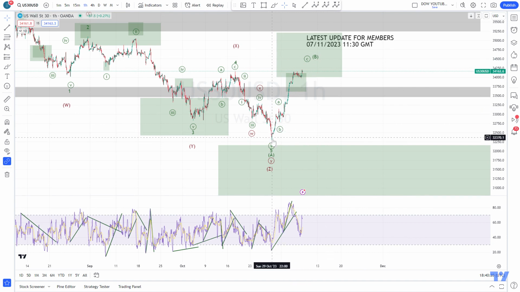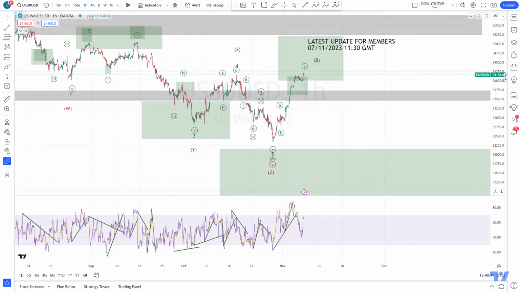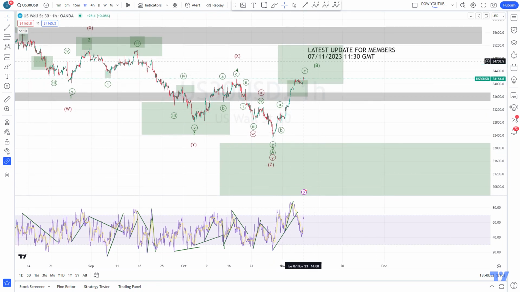And then I would label it as an A, B, C structure. And then this C structure should end quite soon. I would say we start to have divergence right here. So if this wave B is finished right here, then it should be an A, B, C. But of course, that would be the shortest correction.